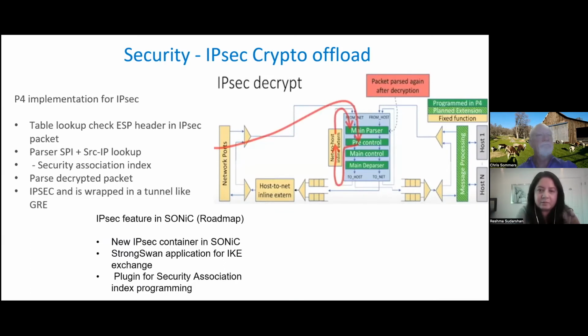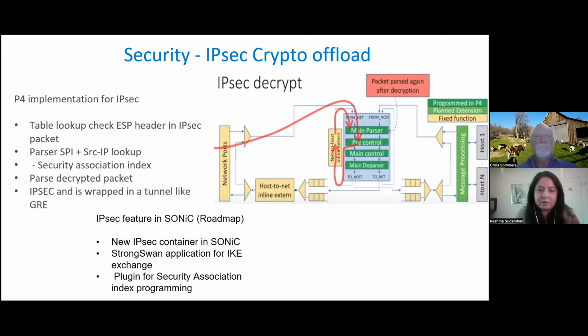This lookup itself could have other entropy values like source IP, destination IP, and then with the ESP header yields the corresponding security association index. This is passed to an inline extern to decrypt the packet based on the RFC decryption algorithms, and the rest of the packet is sent to the main parser to continue regular packet processing and further possibly add different NCAP at the egress as well.